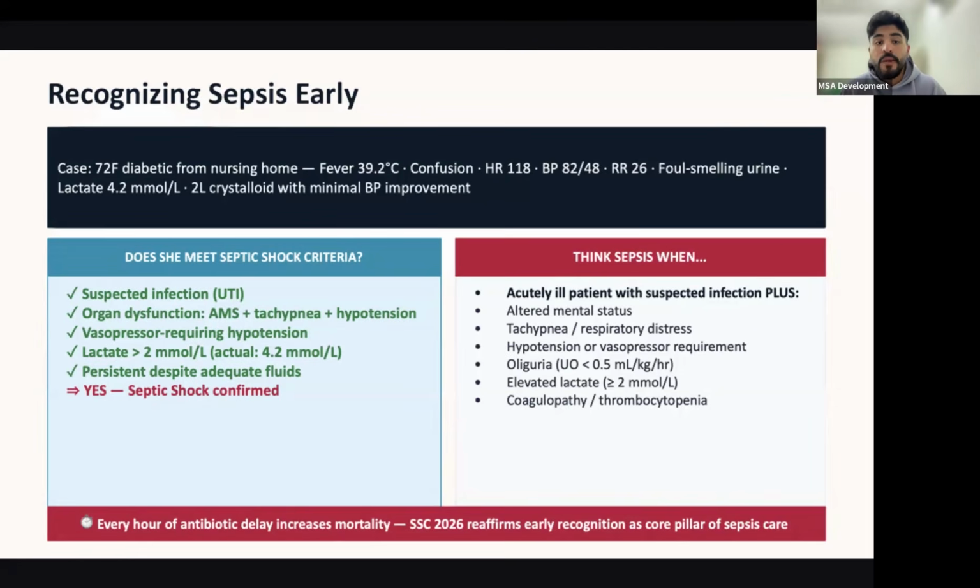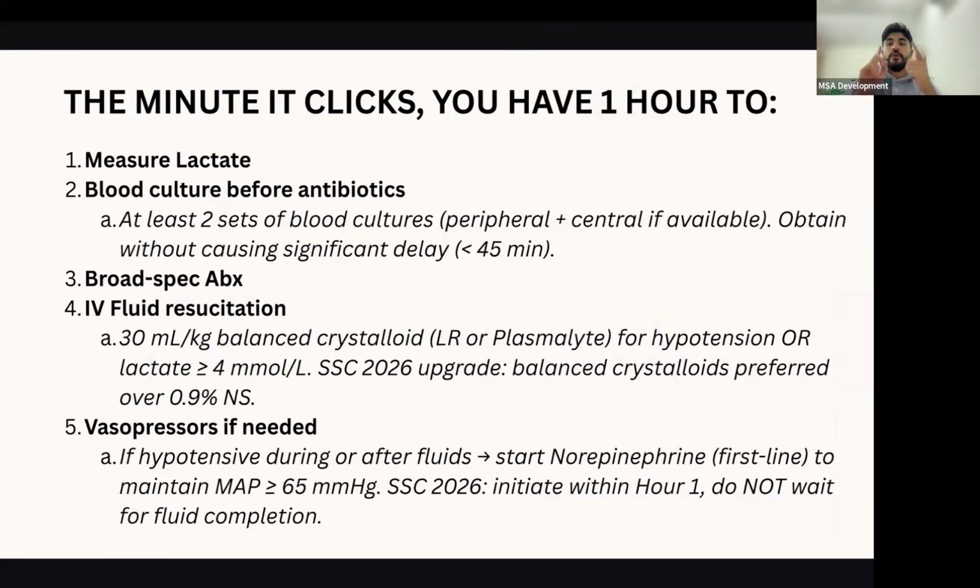Now, what am I going to do? I will immediately provide antibiotics. Of course, there's a ladder of things. But the minute you pick up septic shock, what do you do? First of all, you measure the lactate, blood culture, then immediately give antibiotics. Do not delay antibiotics at all. Within 1 hour, you need to finish these 5 things. Measure lactate, blood culture, broad spectrum antibiotics, and then you need to resuscitate with fluid, of course.